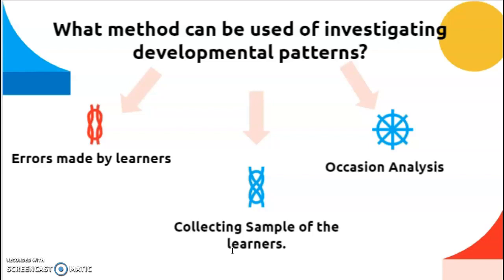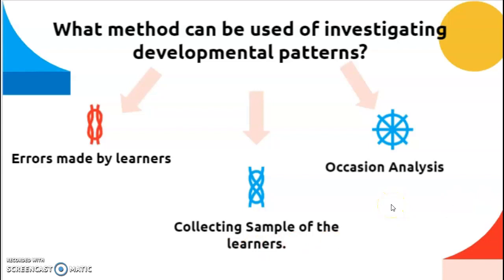According to this approach, acquisition is defined as the first occurrence, as said by Wells in 1985. This method is common for first language acquisition research, but is also proposed as a method of investigating second language acquisition. Third, we have the occasion analysis.